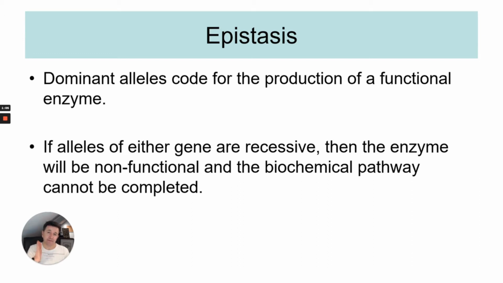If there are different steps within the production of, for example, pigment or fur colour, there might be several stages to go through, and therefore several genes might be involved. So if alleles of either gene are recessive, then the enzyme will be non-functional and the biochemical pathways cannot be completed.